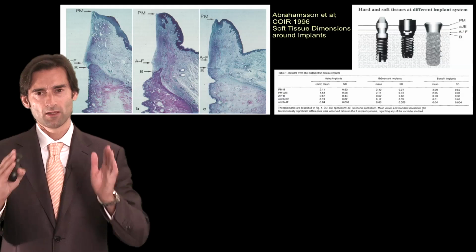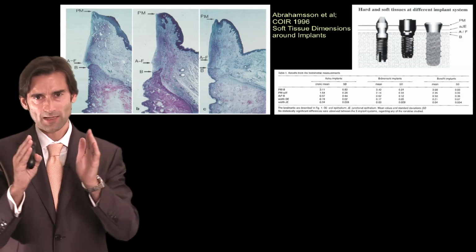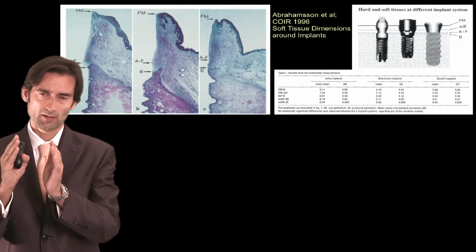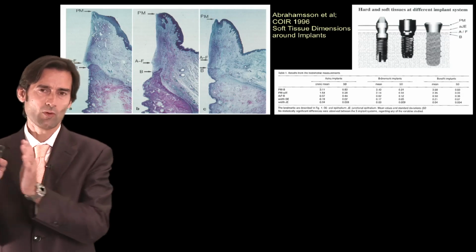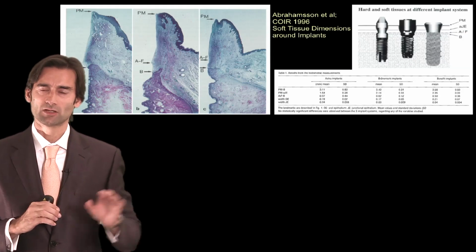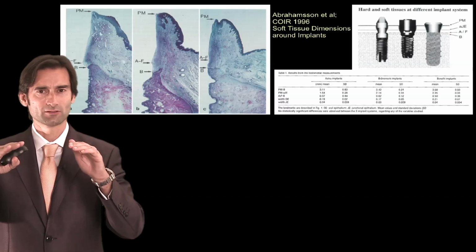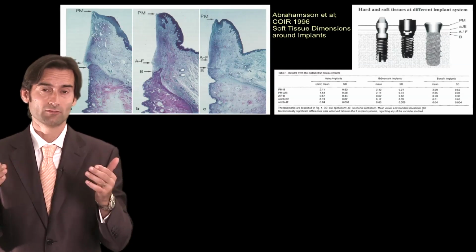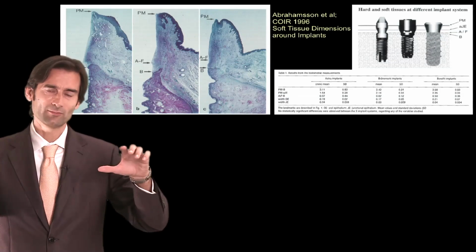And it's interesting, when you compare a two-stage system with a platform switch or a conical connection to a two-stage system with a hex and a slightly enlarged abutment versus a one-stage system, if you do not disconnect the abutment, the soft tissue dimension is stable and it hovers around the 3 millimeters, making us conclude that basically soft tissue around most implants, as long as we don't traumatize it, will stay stable around 3 millimeters.